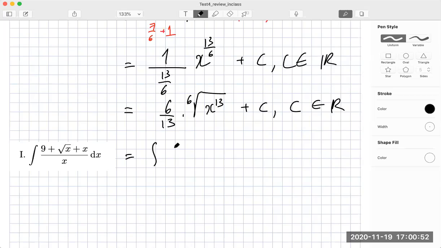We'll have it like x to the negative 1/2 plus... Look at this. For a sum of fractions with the same denominator, we add the numerators together.